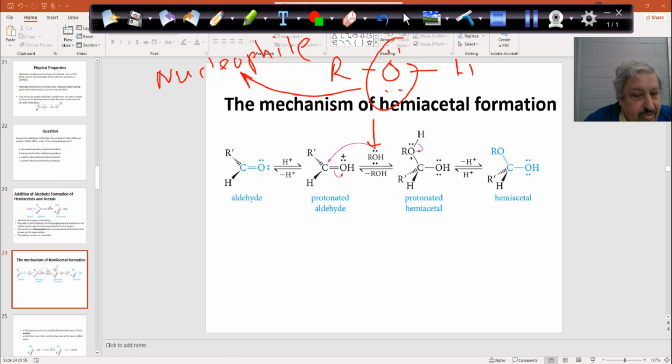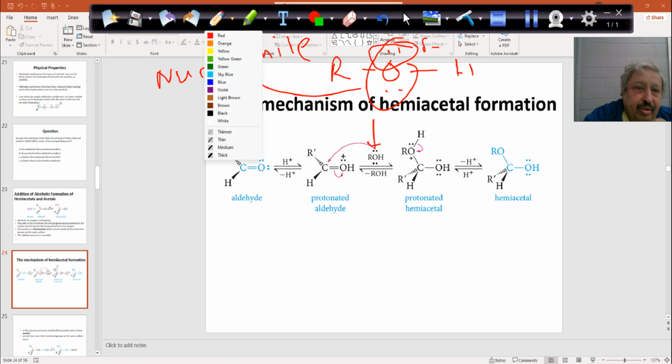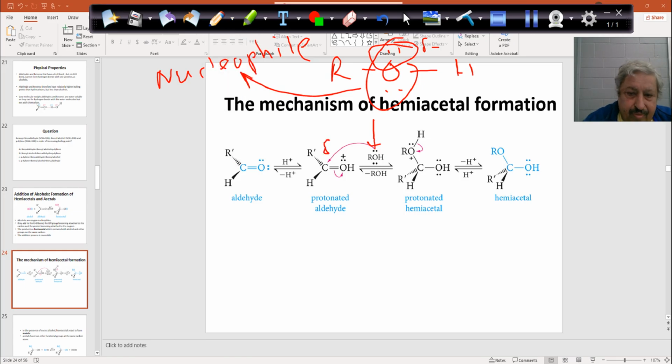You have to know what is attacking what. So you have a nucleophile with excess of those lone pairs that will come and attack the carbon. This is partially negative, and it will attack the partially positive. So this one here will come and attack this carbon.